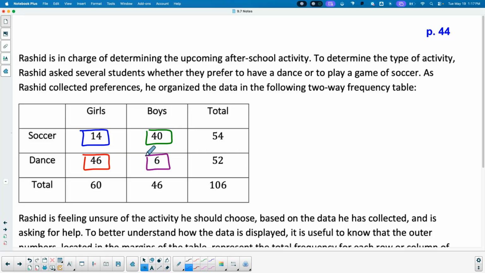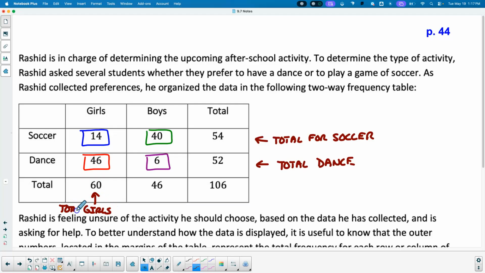So there were 54 total people that wanted soccer. There were 52 people that wanted to dance. And he surveyed 60 girls and 46 boys. Okay? So that's how you can read a two-way table.